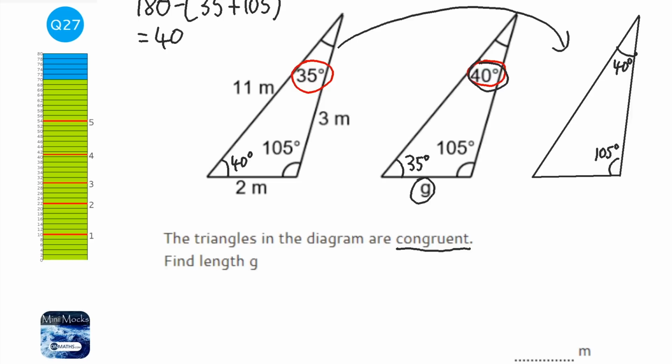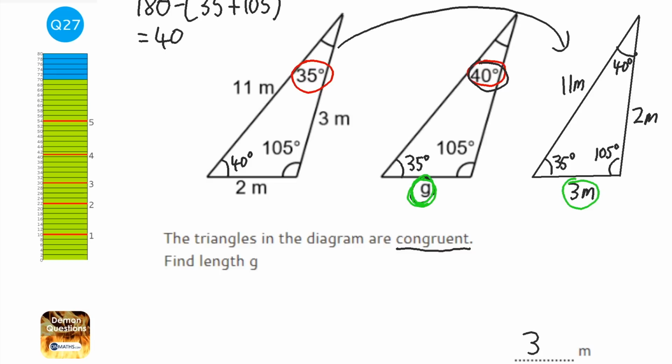The long one is still going to be 11 meters, and this one down here is going to be the 35 degrees. Okay, the one between the 40 degrees and the 105 degrees is 2 meters. The one between the 35 degrees and the 105 degrees is 3 meters. So therefore G, which is this one here, is going to be 3 meters.